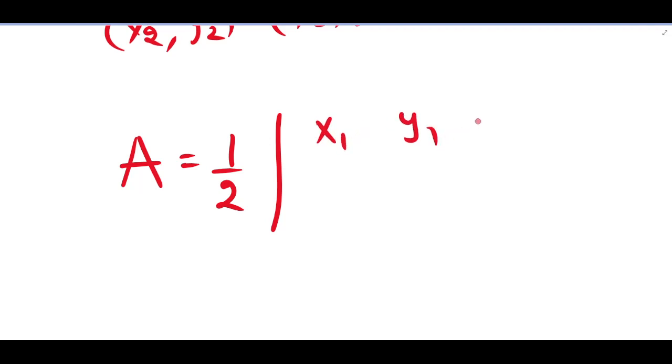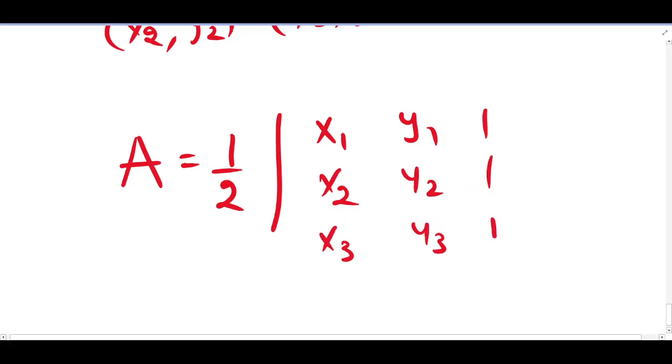So we can write the area as, area is given by, this is a standard formula, the determinant with rows x1 y1 1, x2 y2 1 and x3 y3 1.